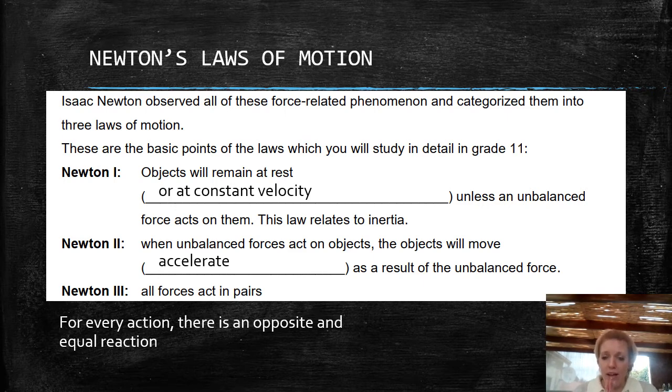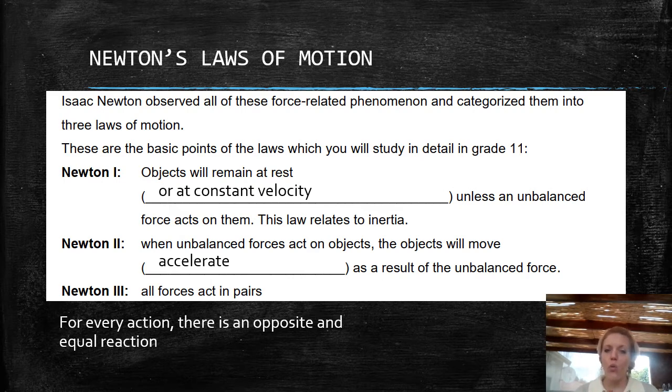So the three basic points are, for Newton 1, objects will remain at rest or at a constant velocity unless an unbalanced force acts on them. This law relates to inertia, because the object does not want to move, or the object does not want to change in velocity.